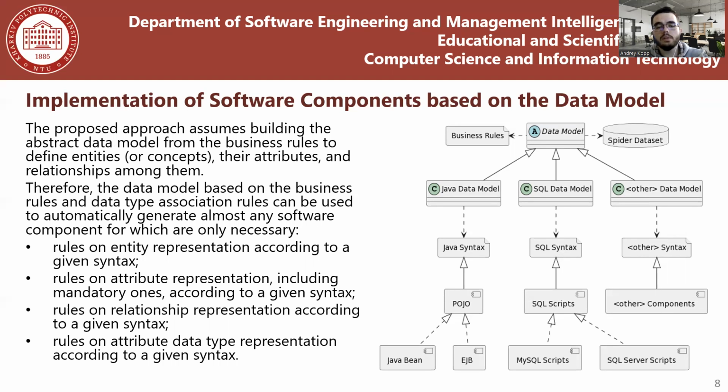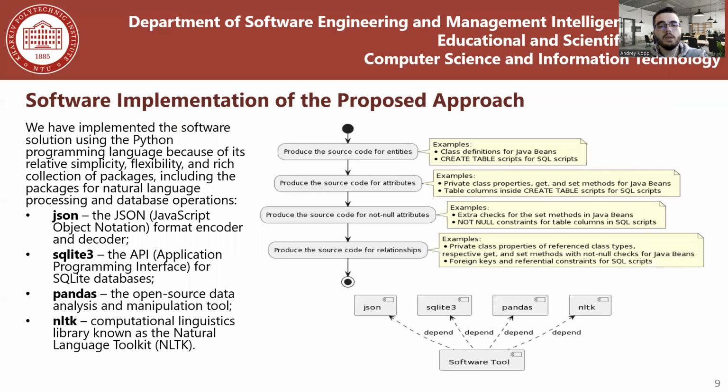For this, only the following are necessary: rules on entity representation according to a given syntax, rules on attribute representations, including mandatory and not necessary attributes, rules on relationship representation according to the necessary syntax, and rules on attribute data type representation according to the syntax of the certain language in which we need to generate software artifacts.